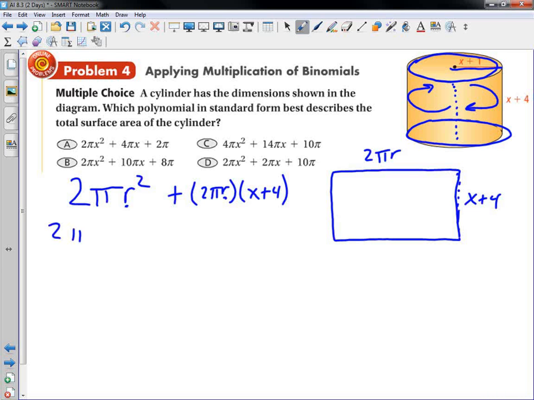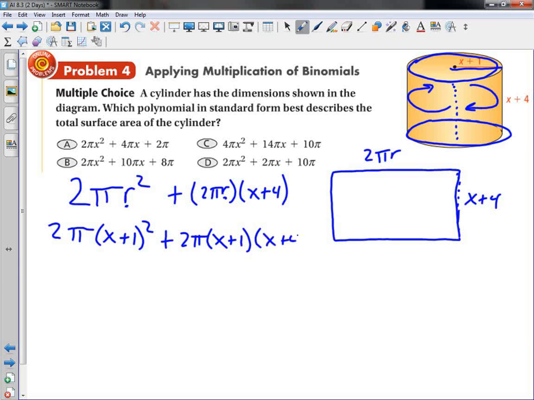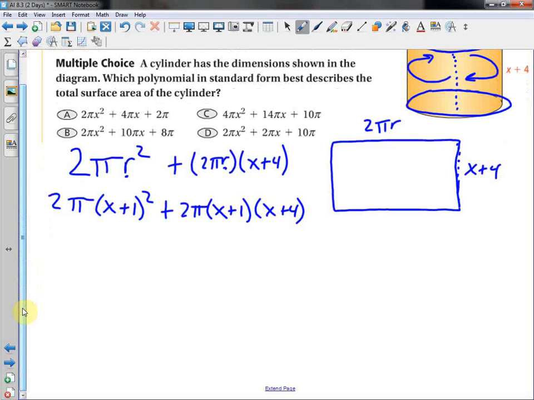So I have 2 pi times (x plus 1) squared plus 2 pi times (x plus 1)(x plus 4). Well, this is starting to look like a FOIL type of problem. So let's start doing some multiplication. Let's go ahead and do the first part first.